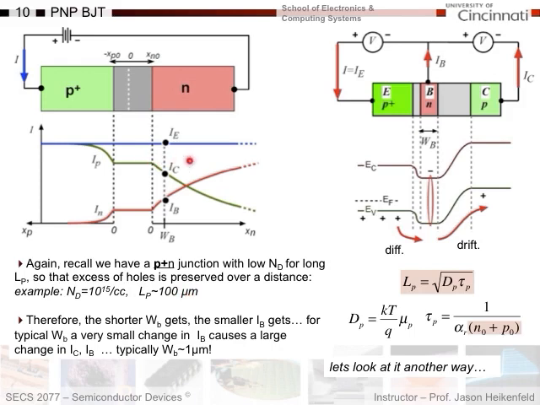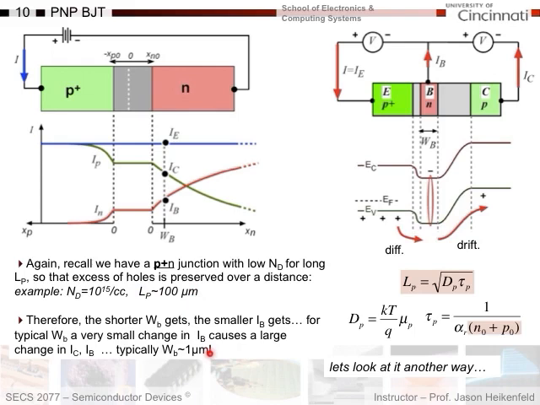Well, look at that, 100 microns for 10 to the 15th doping. Typically, WB is only about 1 micron in a device like this. So if our diffusion length is 100 microns and our base width is only about 1 micron, that tells you that, again, most of the holes can make it across without recombining, and that's shown directly by the ratio of diffusion length to the base width.